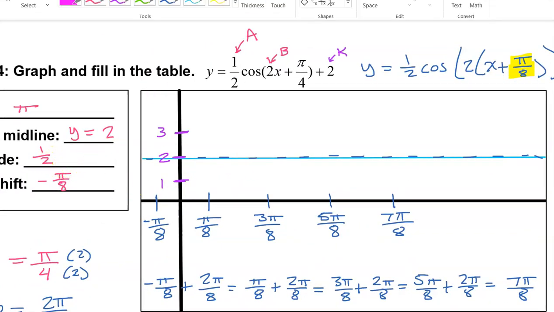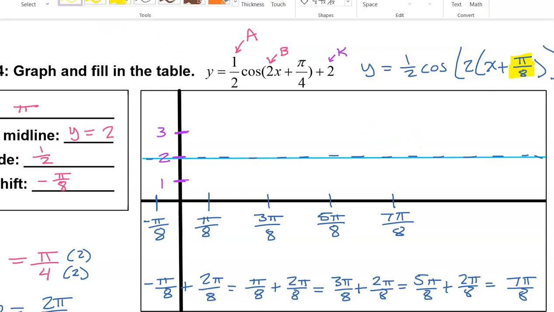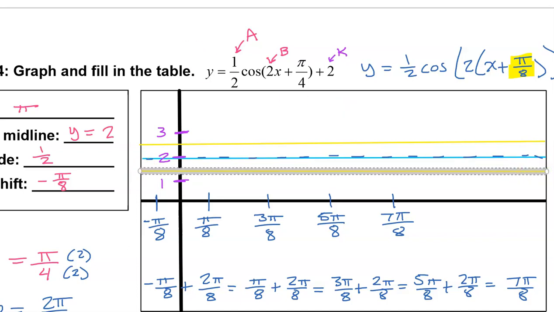So that means the high point of the graph will be 1/2 of a unit above the midline. So I'm going to put a yellow guideline at the halfway mark to help me draw better. So 1/2 of a unit above the midline and 1/2 of a unit below the midline. Would be about like this.